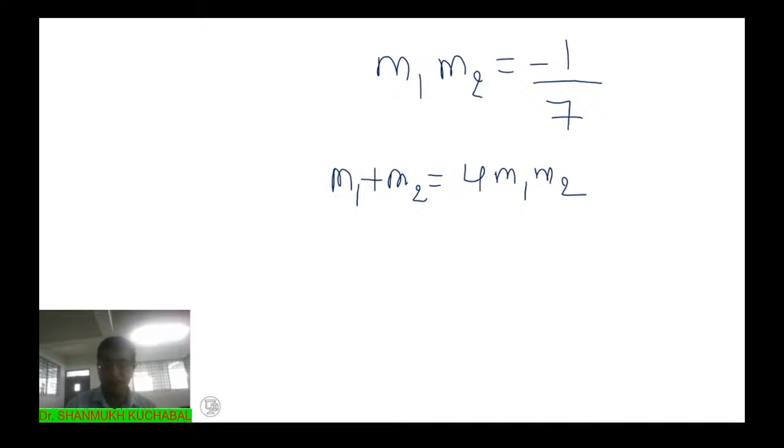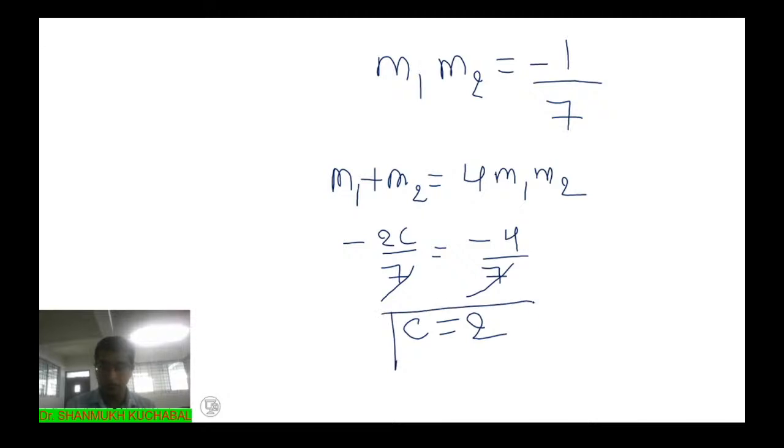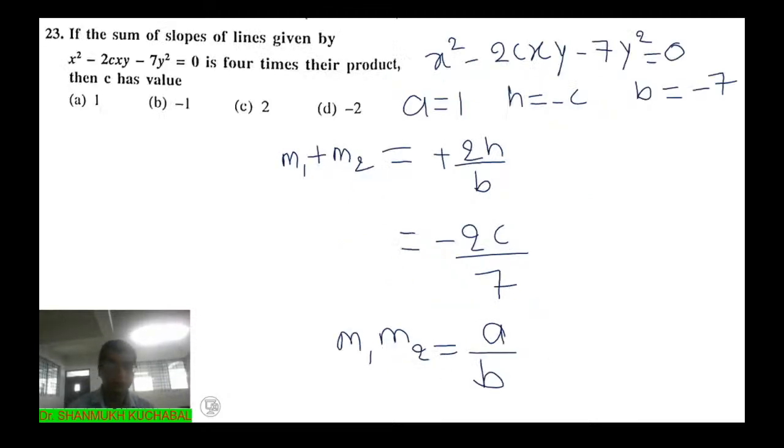We substitute these, we get minus 2c divided by 7 equal to minus 4 divided by 7. 7 gets cancelled, so we get c equal to 2. So we get the value of c equal to 2. Therefore the correct option is option C. 2 is the right answer.